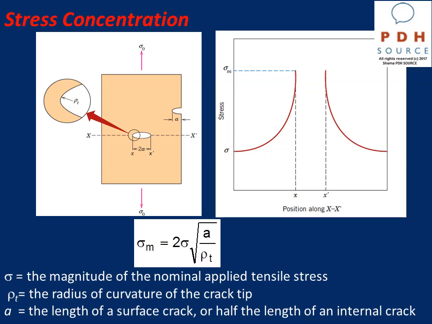Sigma here is the applied stress. a is half the crack length if you are dealing with a central crack, or equal to the crack length if you are dealing with an edge crack. And rho t is the radius of curvature of the crack tip.